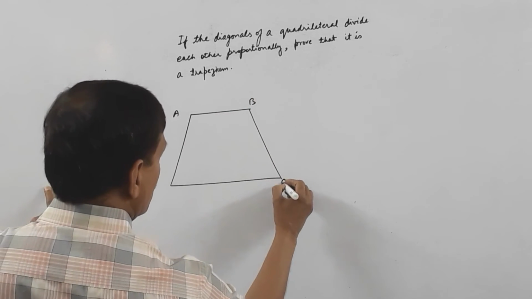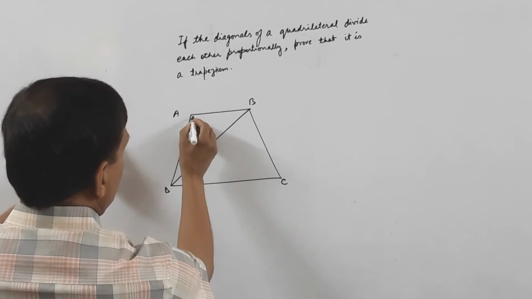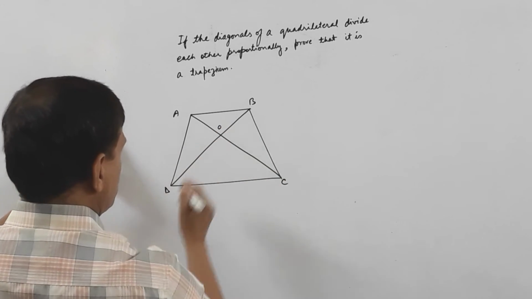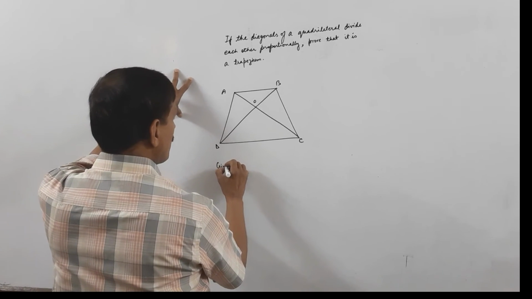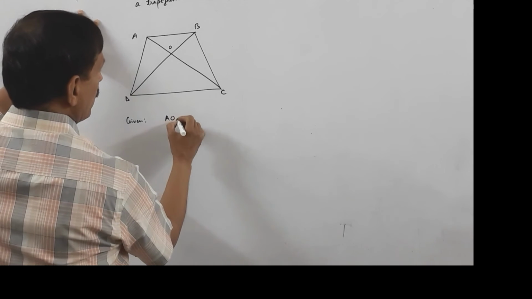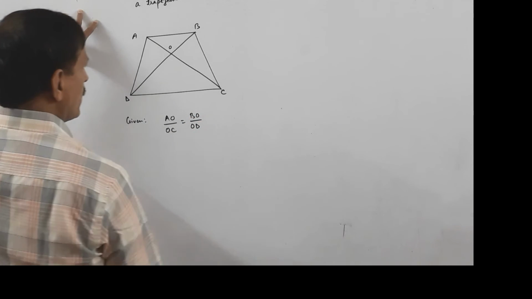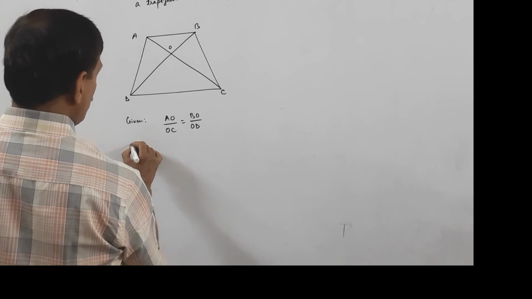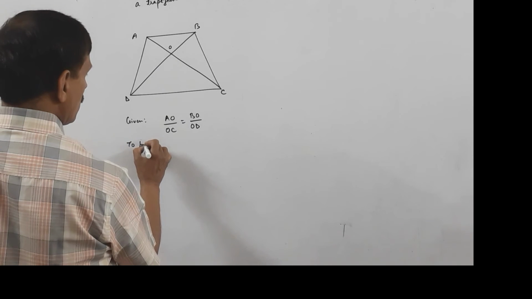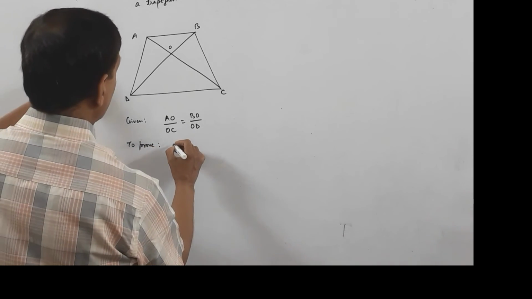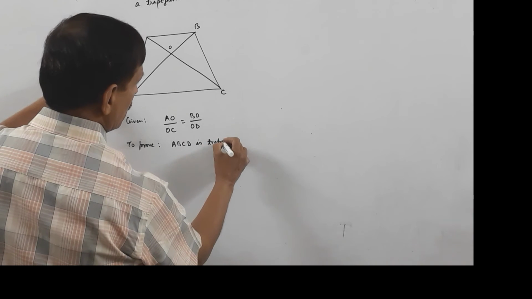We are given ABCD is a quadrilateral in which diagonals BD and AC divide each other proportionally, that is AO upon OC is equal to BO upon OD. We have to prove ABCD is a trapezium.